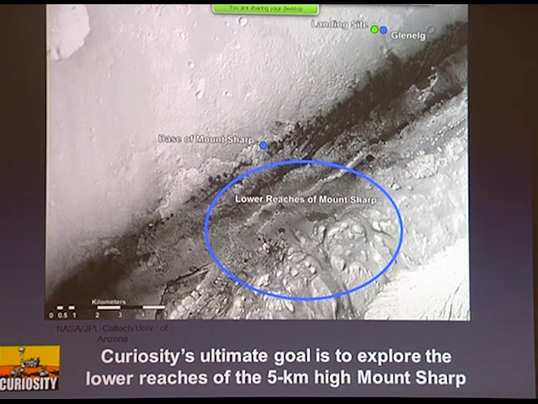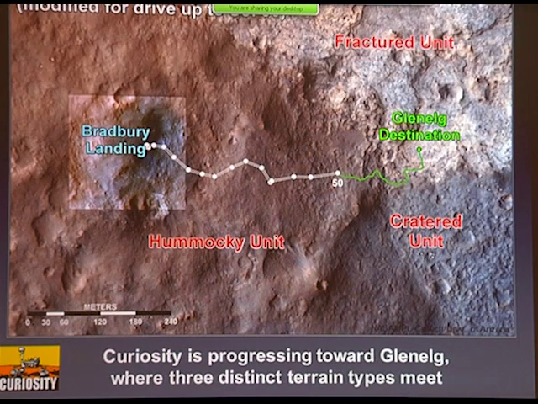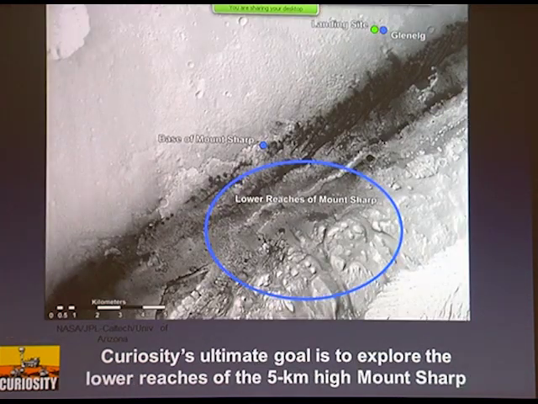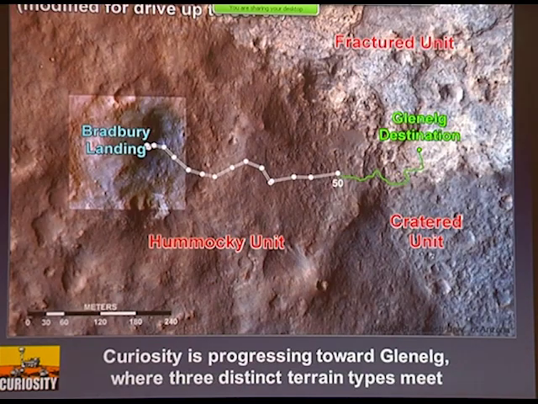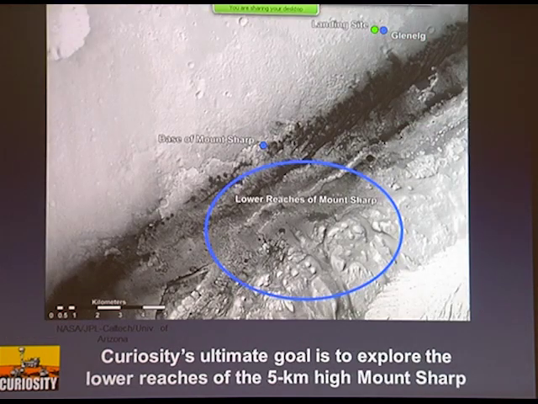And on our way, so we're on our way to Glen Elg, but this is Mount Sharp. That was that mountain in the distance that I just showed you. So here's Mount Sharp. On our way, we want to stop at Glen Elg, and here's kind of the big picture. That's where we landed, there's Glen Elg, and that's where we want to go, okay?